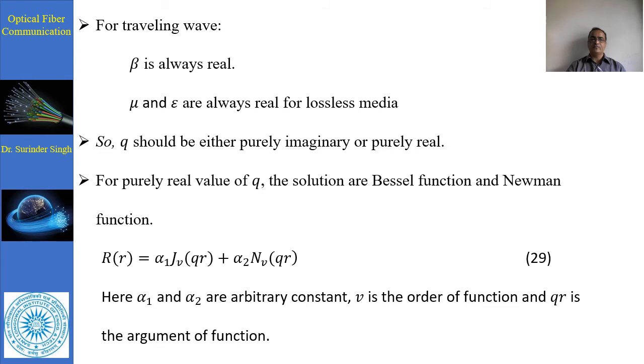The J Bessel function has the r included because we are in the r direction, and q has a real or imaginary value. Here q is real, and alpha 2 multiplies the Neumann function of order v with real q. So alpha 1 and alpha 2 are arbitrary constants, v is the order, and qr is the argument.